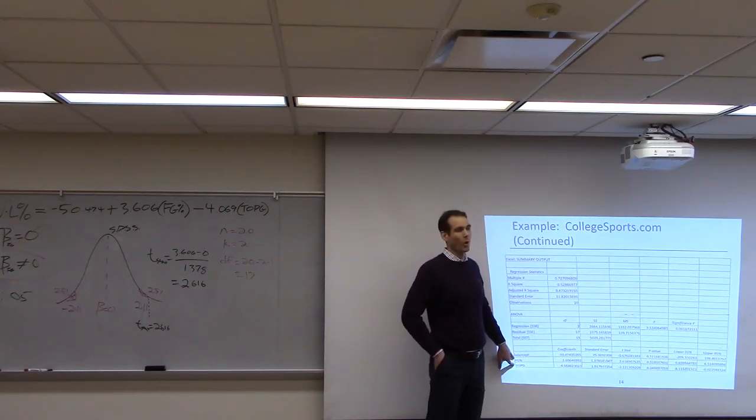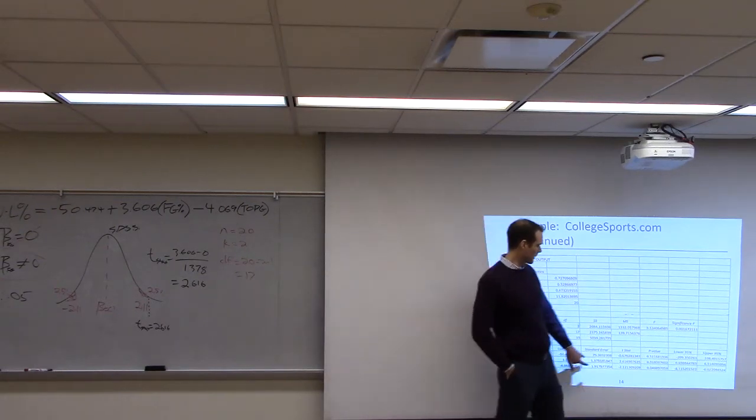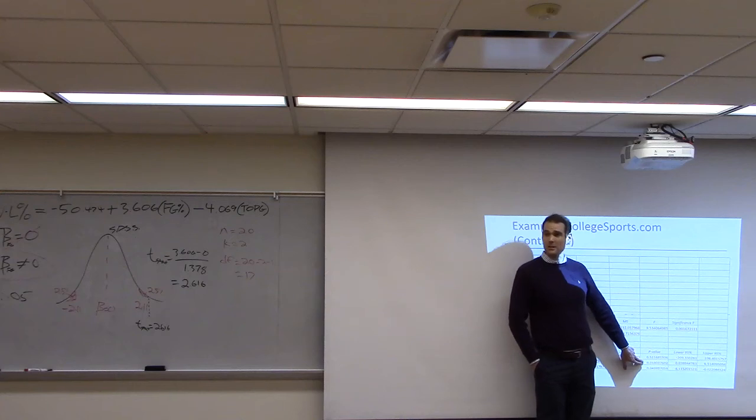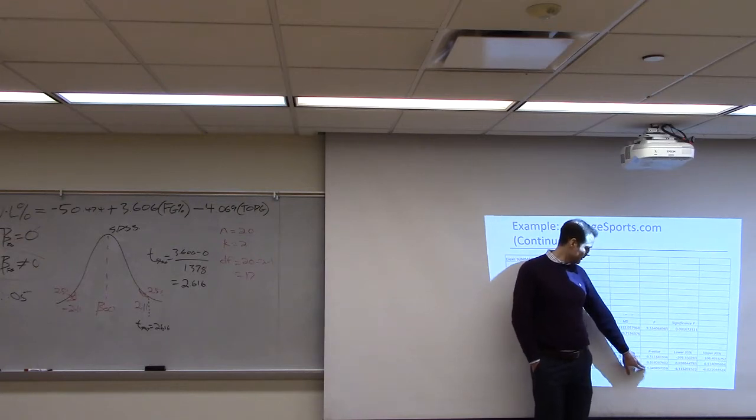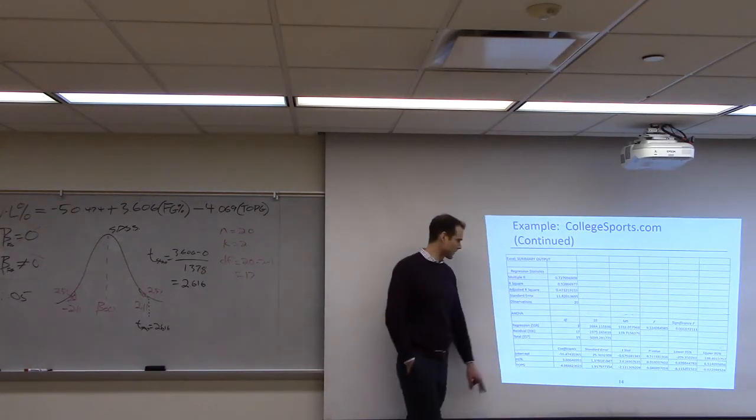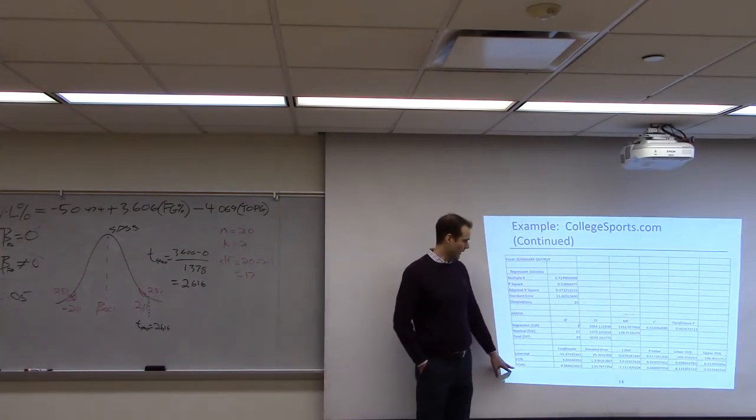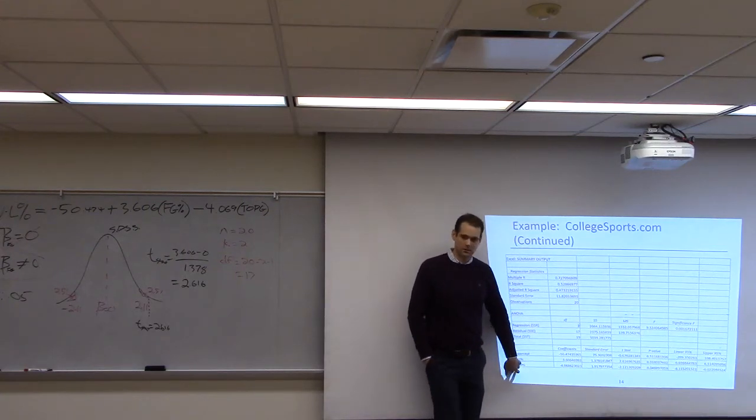Field goal is correct, right? Because it has a lower p-value. Lower p-value means more confident that there is a statistically significant relationship. Now this one, turnovers per game, tell me about its p-value. What do you think about that?